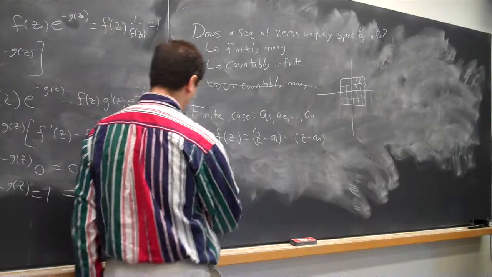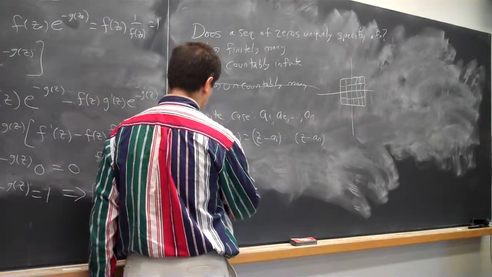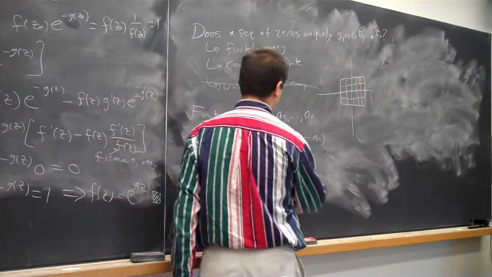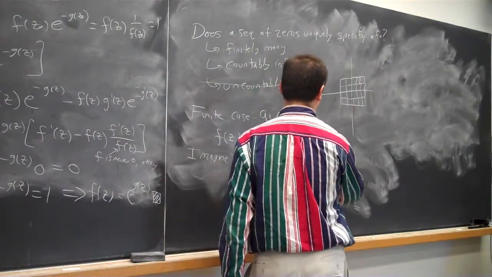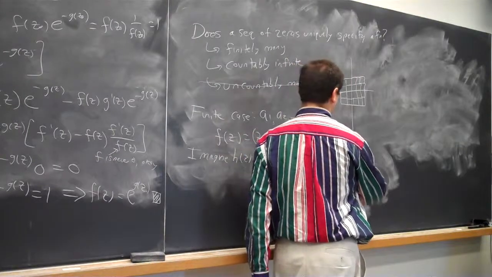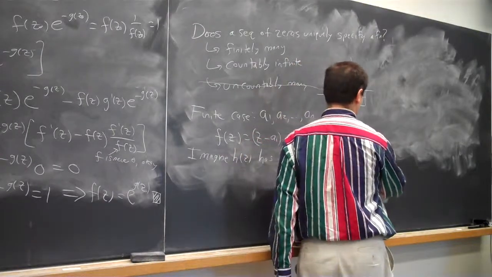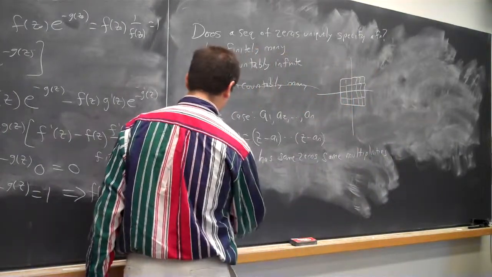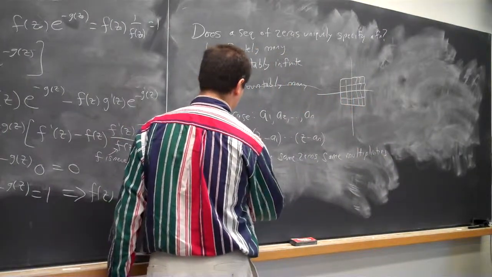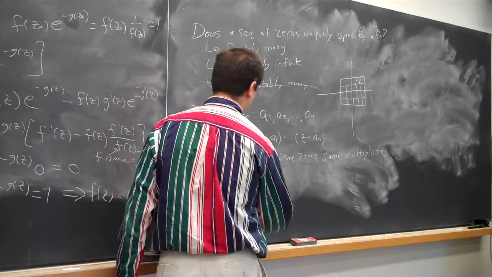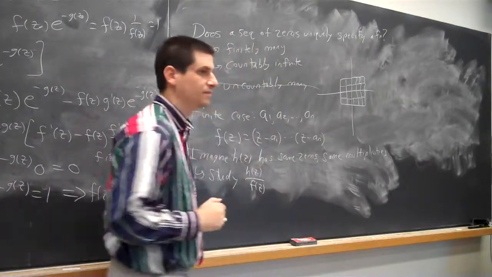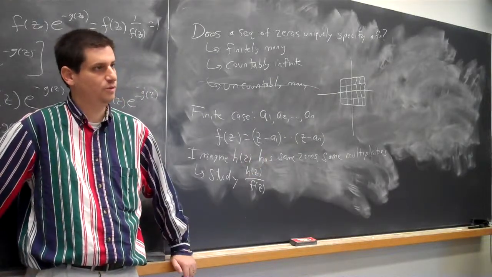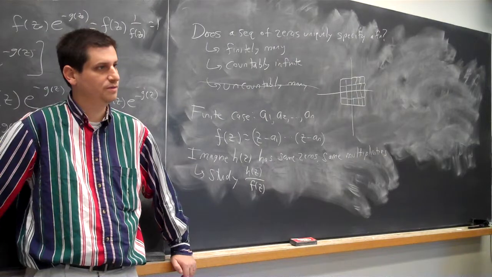So imagine h of z has the same zeros and the same multiplicities. So now we study h of z divided by f of z. Is this function holomorphic? Or are there places where the function blows up?